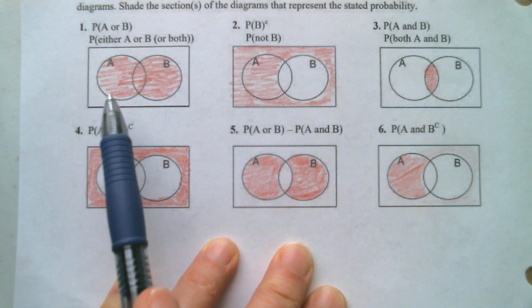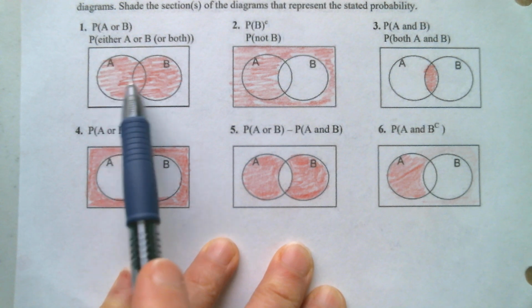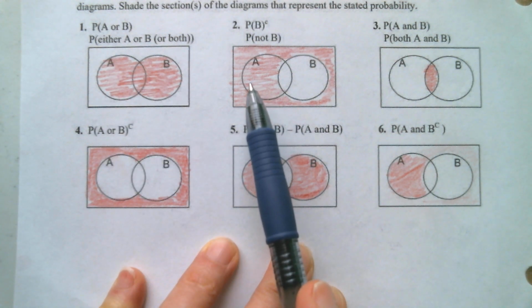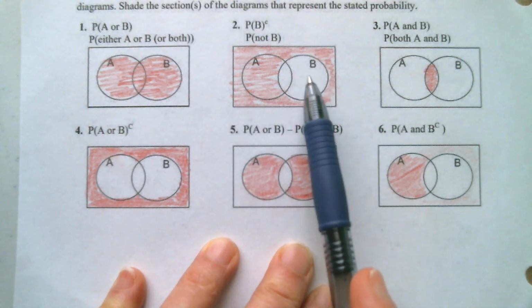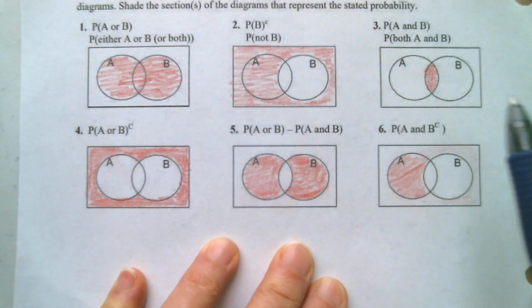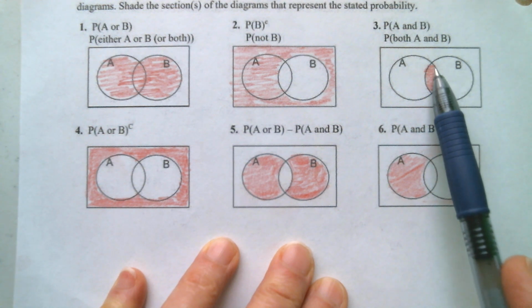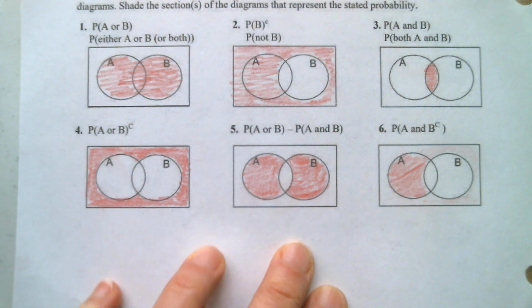Probability of A or B, that's our two circles combined. The probability of B complement, so that's everything outside of circle B. The probability of A and B, that's our overlapping section.